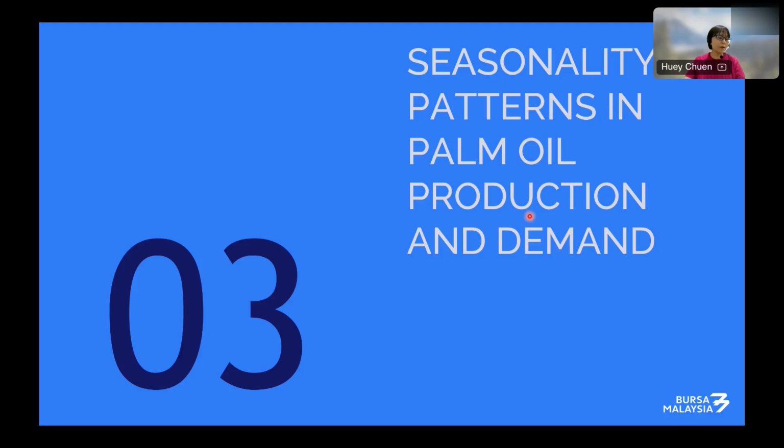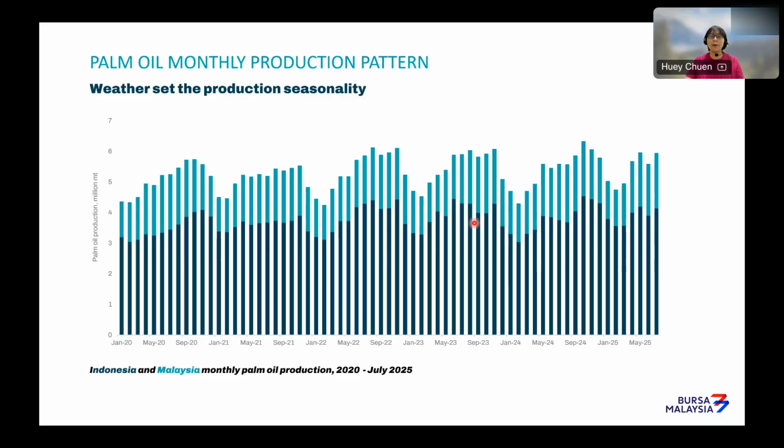So what are the seasonal factors that you need to watch out for in the palm market? Because palm is seasonal, they produce the whole year long, so not every quarter or every month you have the same production. This is the production pattern. Combining the Malaysia and Indonesia production, the light green represents Malaysia and the dark green represents Indonesia. I combined both productions from year 2000.